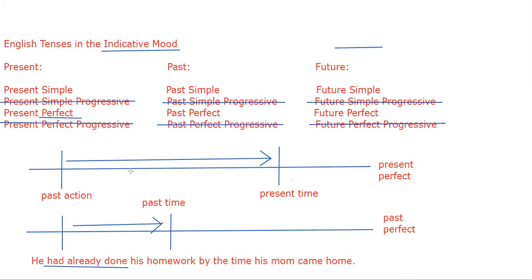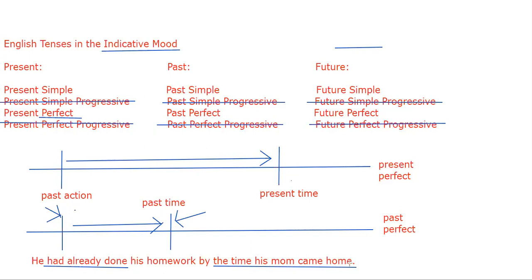So in this case, the past perfect is had already done because it starts in the past here, right? It starts in the past here and ends at another point in time in the past. And that other point in time here is the time his mom came home, when his mom came home.